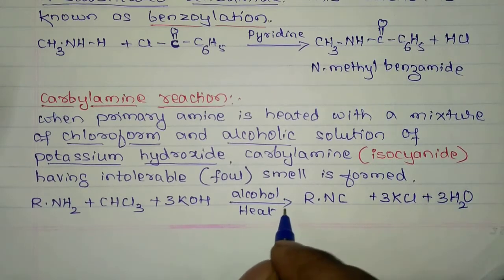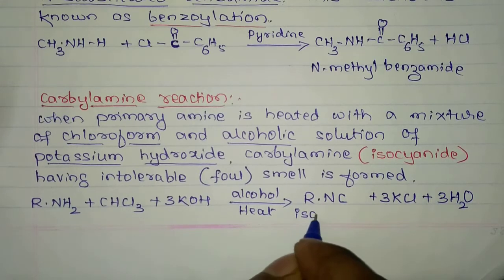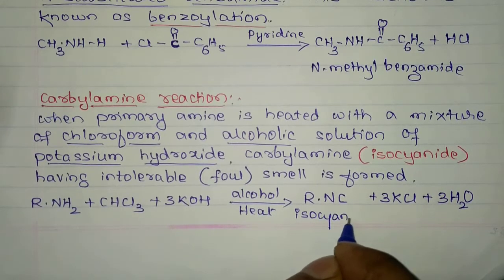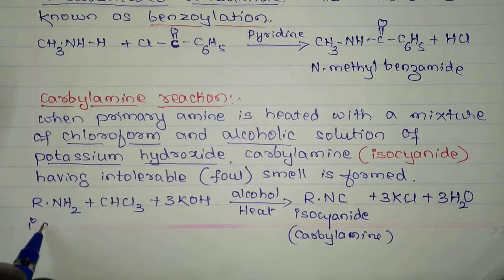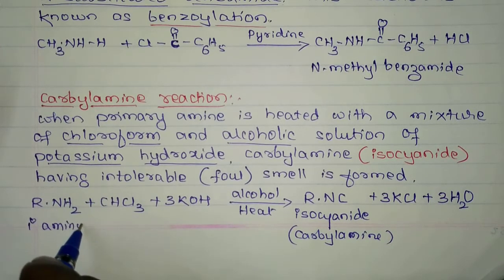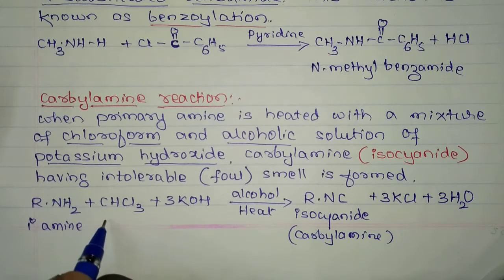This is isocyanide. This is also known as carbylamine. This is the primary amine. This is chloroform.